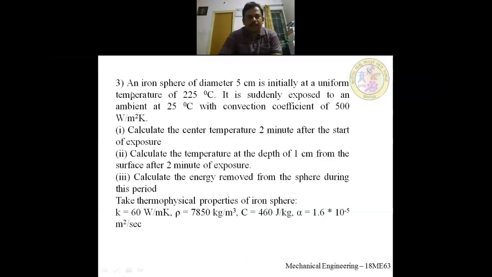So next problem, it's a problem on sphere, because iron sphere they have given, diameter they have given 5 centimeter, initial temperature 225 degrees Celsius, Ti.